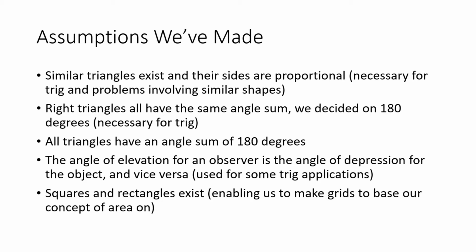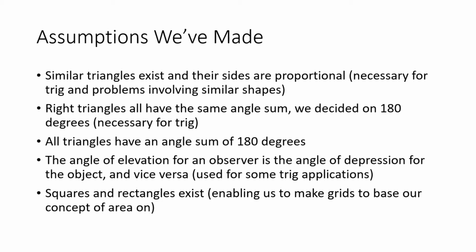And then also for one of the trig applications with angle of depression from the lighthouse, I used this fact: the angle of elevation for an observer is equal to the angle of depression for the object, and vice versa. The angles in this case are made by parallel horizontal lines, and these types of angles are called alternate interior angles. So we're assuming that those were equal in order to solve that problem.